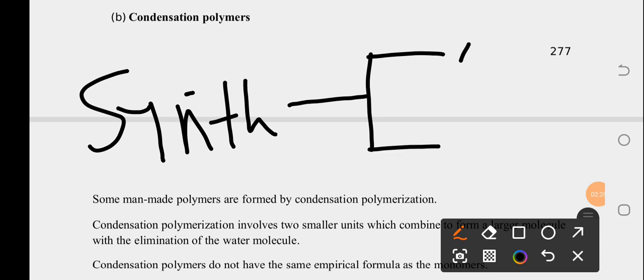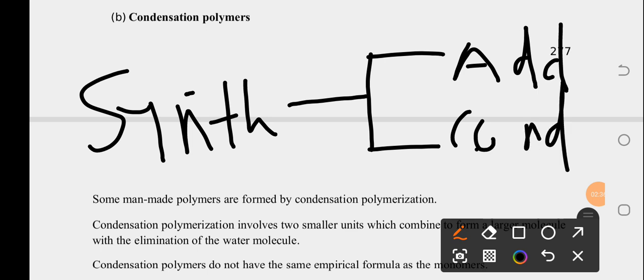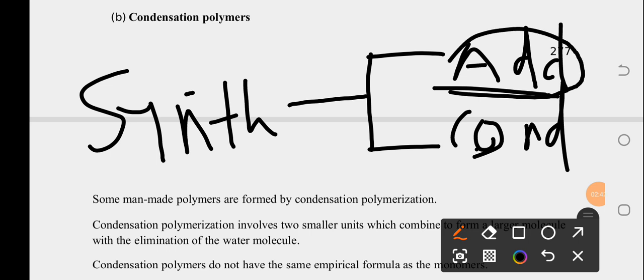Number one, we've got addition polymers, and the second category is condensation polymers. In the previous video, we talked about addition polymers.